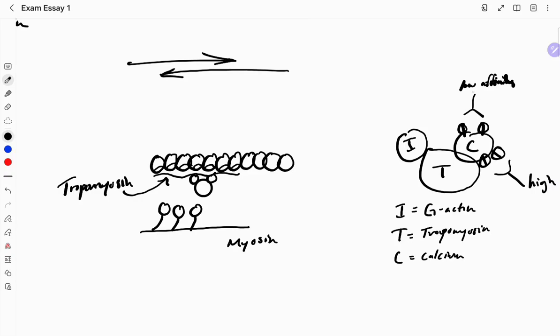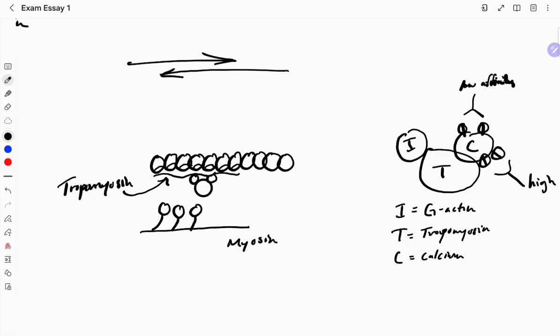And that's important because in order for troponin to remove this tropomyosin, making these binding sites on the F-actin available for the myosin to bind, we need calcium on these low affinity sites.